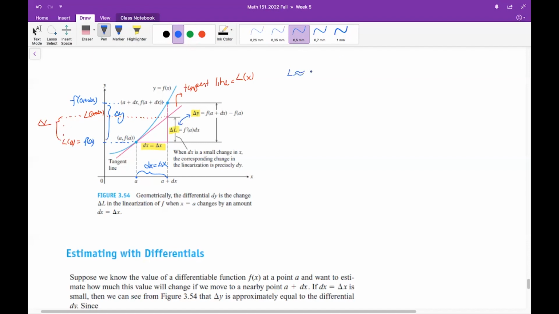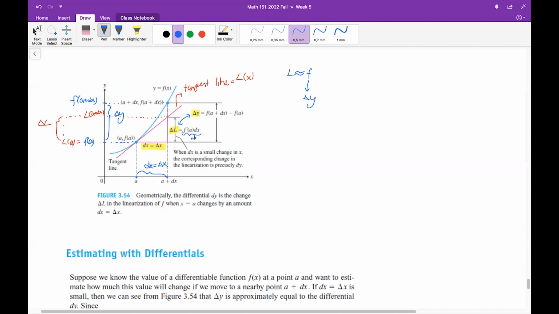And now we want to compare these two. You remember that the linearization function is approximately the same as the values of the function. And when it comes to the difference of the values of your function, we denoted them by delta y, right? And the small change in x results in the change amount of dy in the linearization.